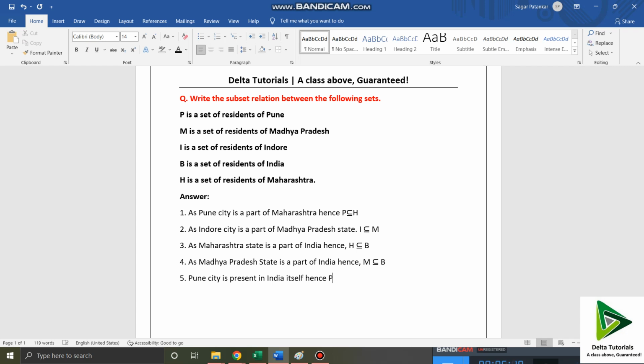Similarly, Indore city is part of India. Hence, I is a subset of B.